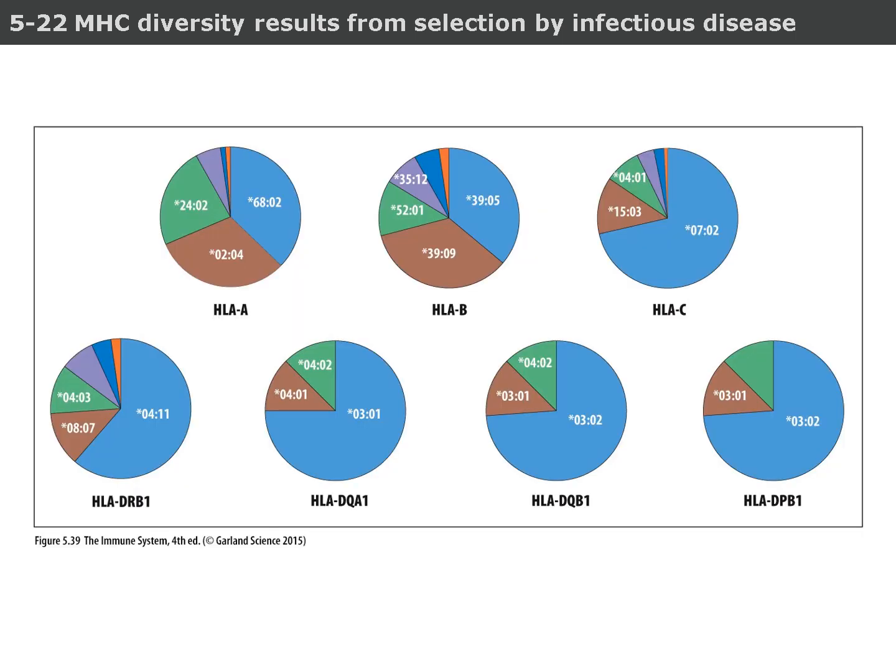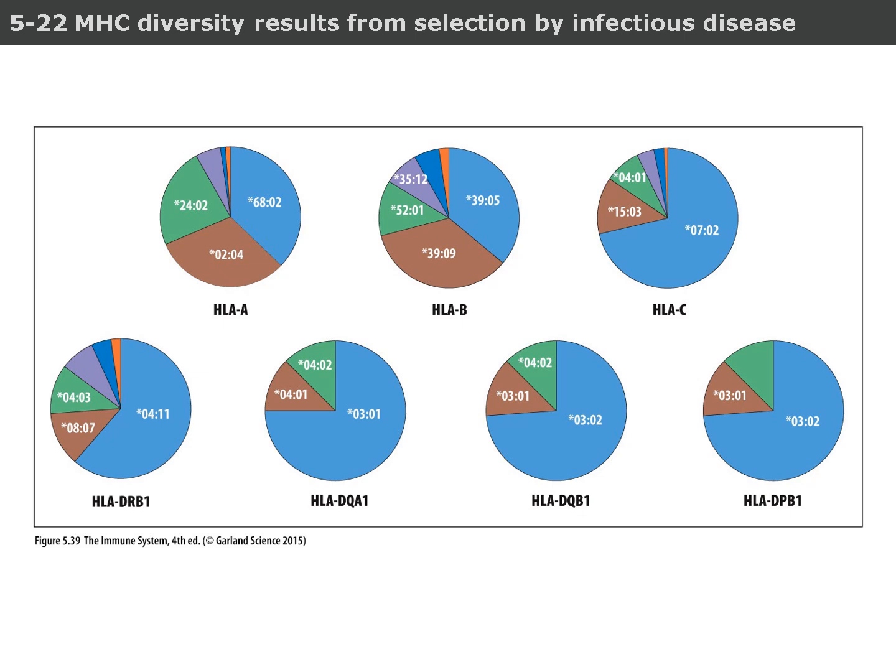This slide presents pie charts illustrating the frequency of various alleles for different human leukocyte antigen, or HLA, genes across a given population. Each chart represents a different HLA locus. At the top, we see the class I molecules, HLA-A, HLA-B, and HLA-C.